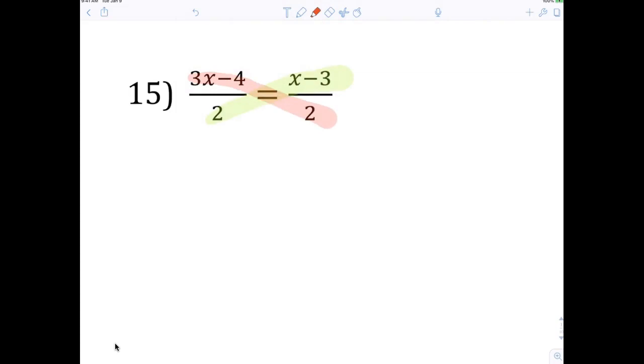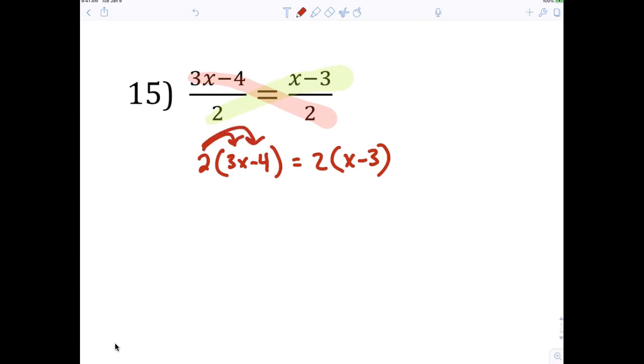All right, so here we go. 2 parentheses 3x minus 4 equals 2 parentheses x minus 3. Are we okay with that? Now we distribute. Go ahead. 6x minus 8 equals 2x minus 6. Brilliant.